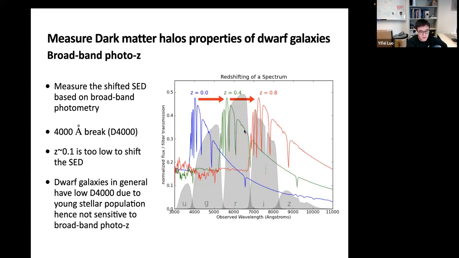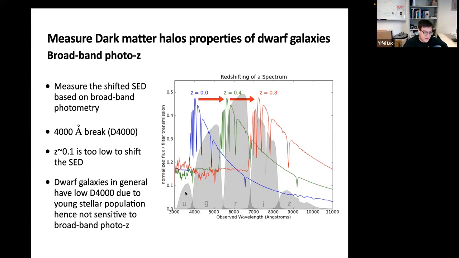This technique is well used in lots of lensing surveys, for example HSC or DES. But it's not really good for our primary science, i.e. those dwarf galaxies at redshift 0.1. The first thing is that redshift 0.1 is too low for the 4,000 angstrom break to shift, especially for HSC, because HSC only starts from the g-band.